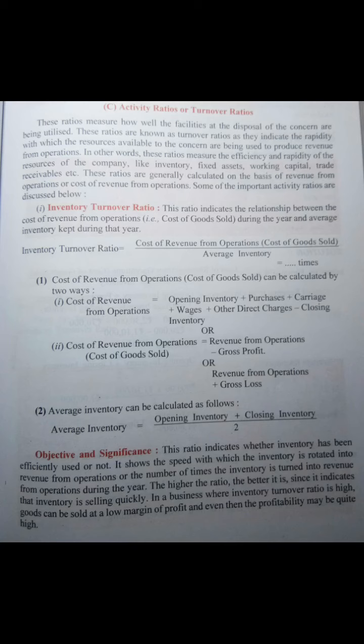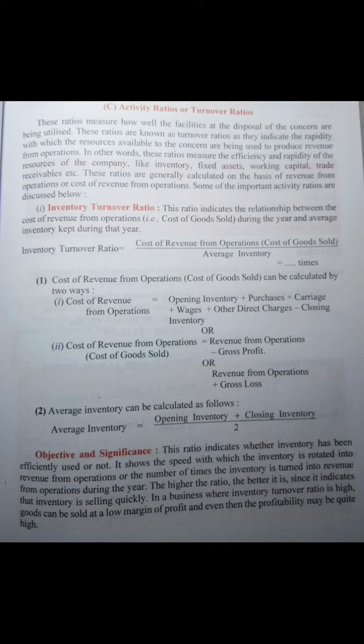We can calculate the cost of revenue from operation in two ways. The first formula is given here: we add opening inventory, purchases, carriage, wages, and other direct charges, and out of that we subtract closing inventory.